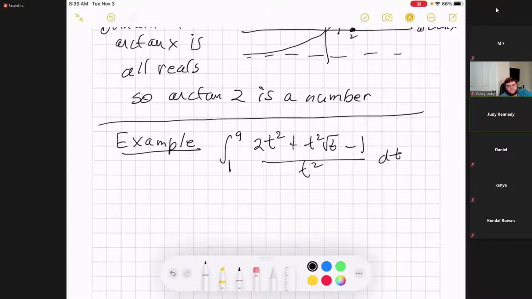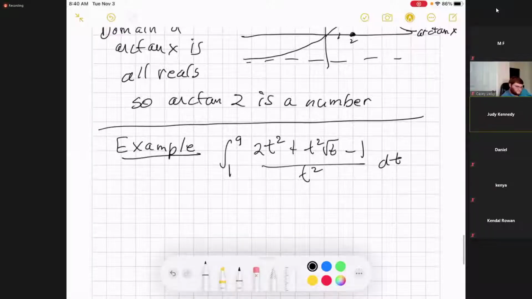All right. Inside that integral, we basically have the quotient of two functions.